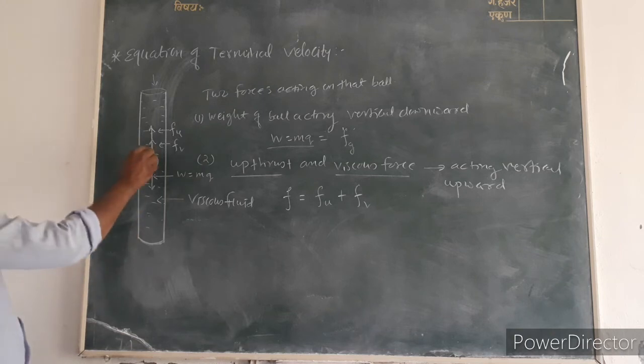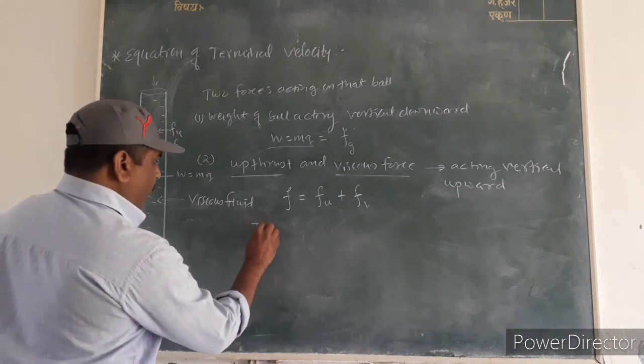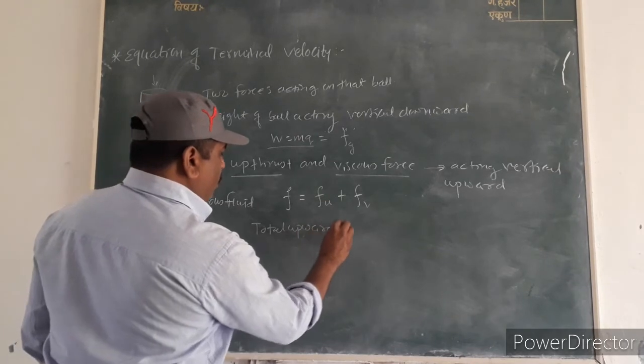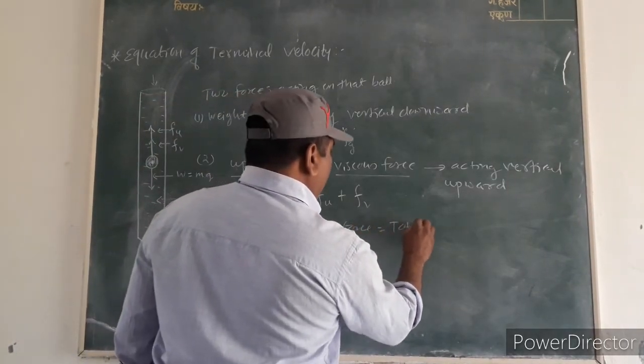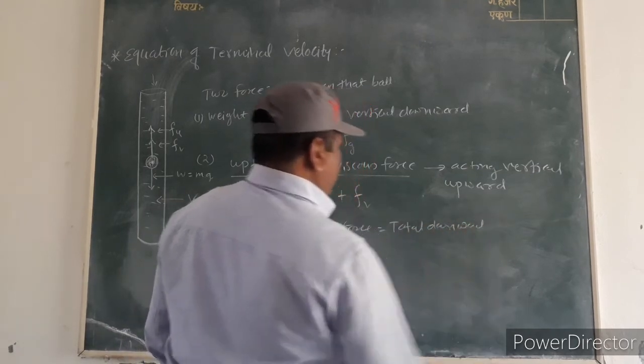When the ball is in equilibrium, the total upward force is equal to the total downward force.